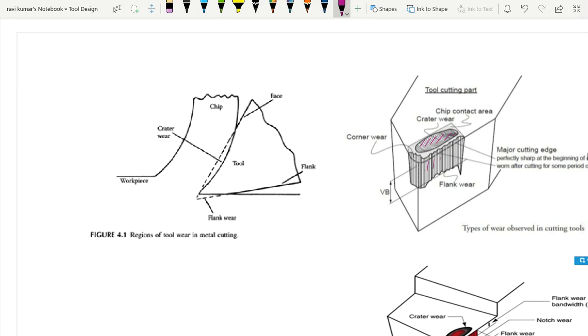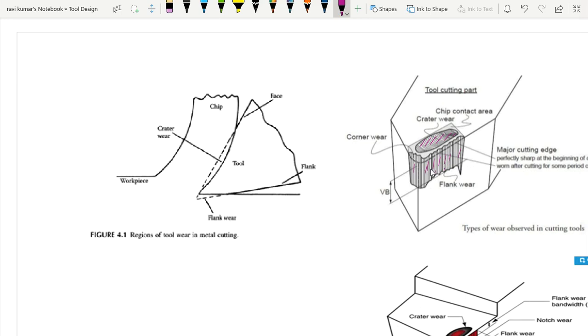These are all lines. They indicate the wearing out of the flank. We may observe that the flank wear is not uniform all along the length, when we move from the nose towards or away from the nose, right? It occurs both on the end flank as well as the main flank.